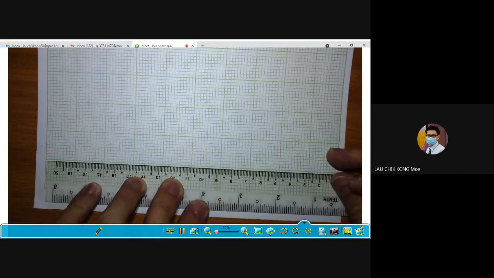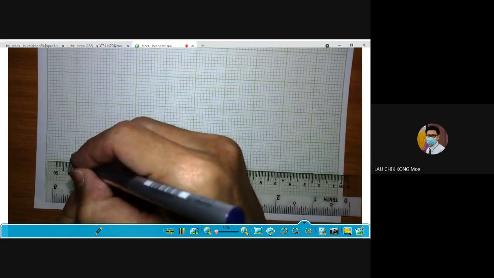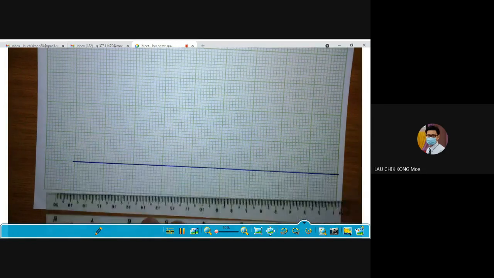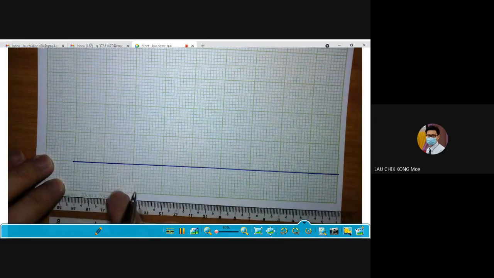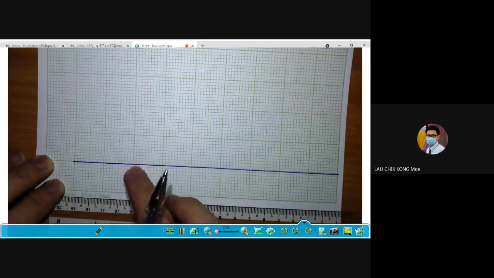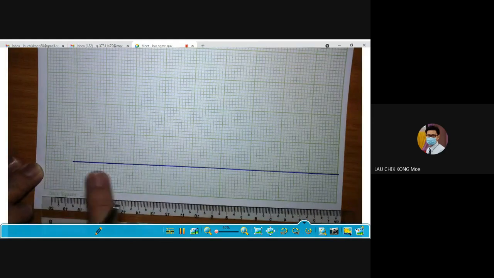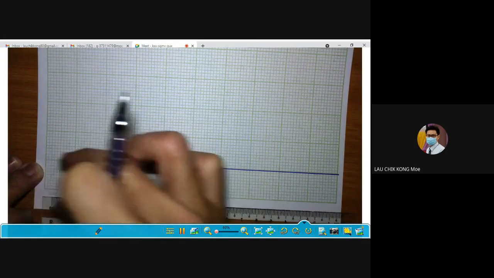Statistic graph memang semua first quadrant. Kalau lepas kira cukup, normally we start from here lah. We empty one big column, one big row, satu petak besar.